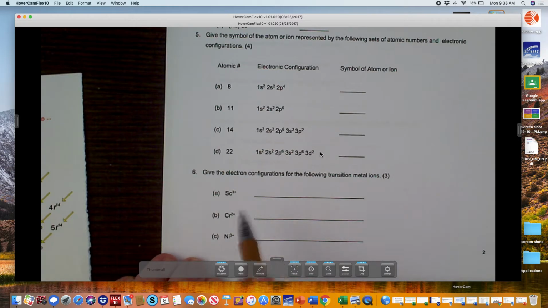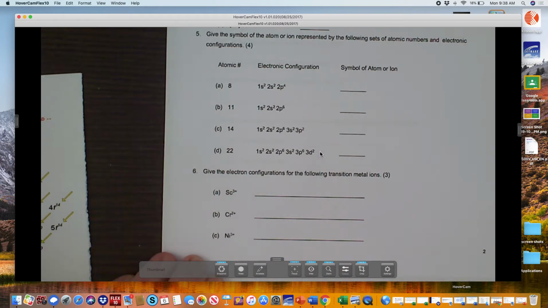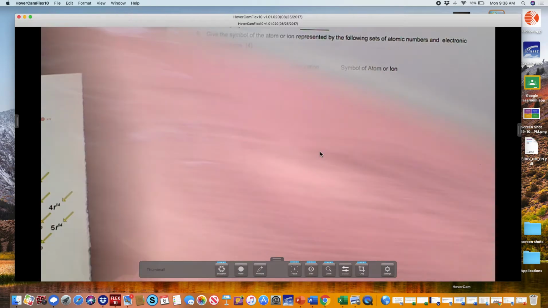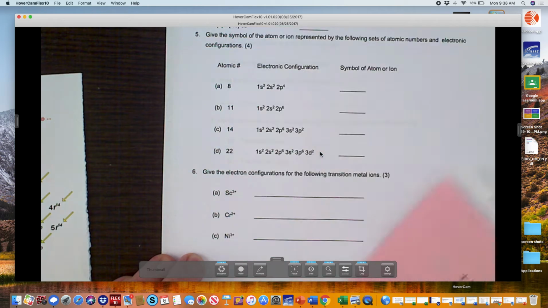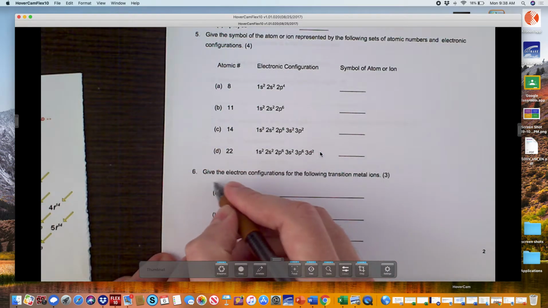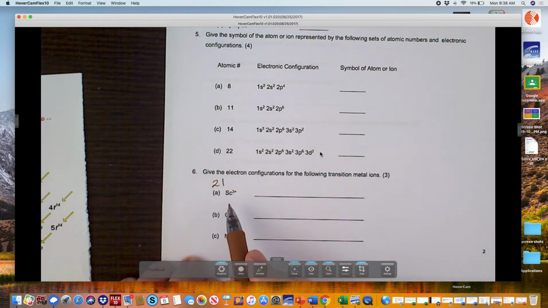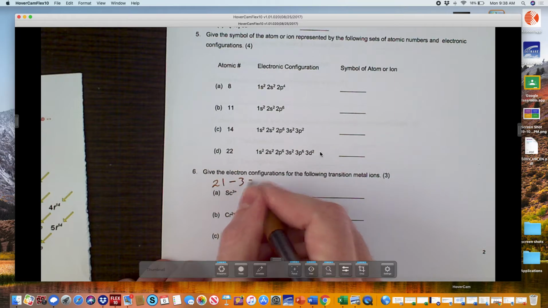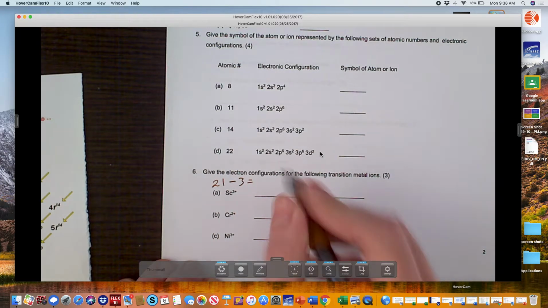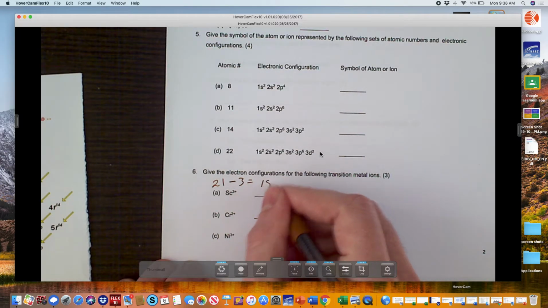Given the electron configuration of the following transition metals, we have Sc plus 3. Sc is right here, and it has 21 electrons. Now, plus 3 means that this has lost 3. So 21 minus 3 gives me a new total of 18 electrons.